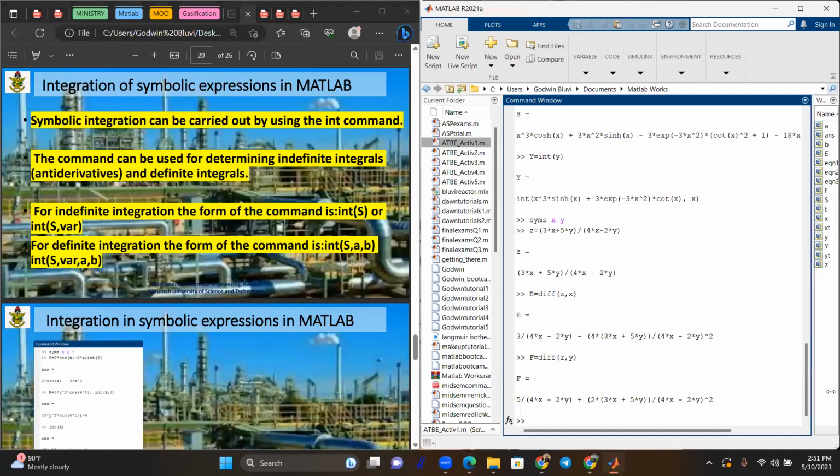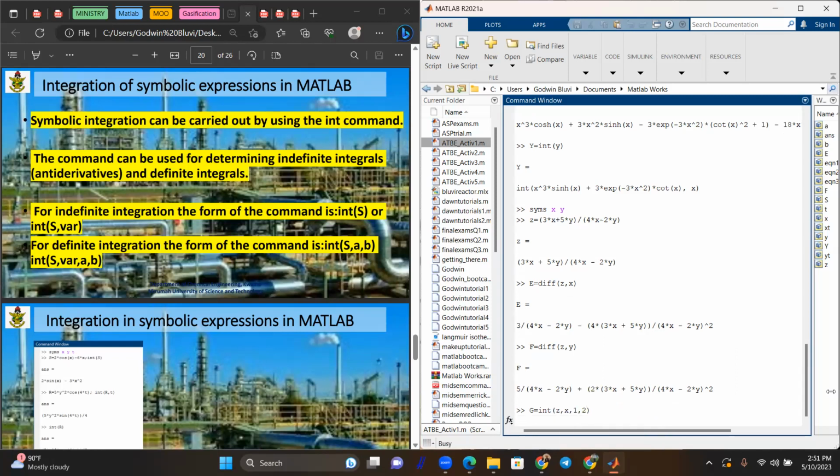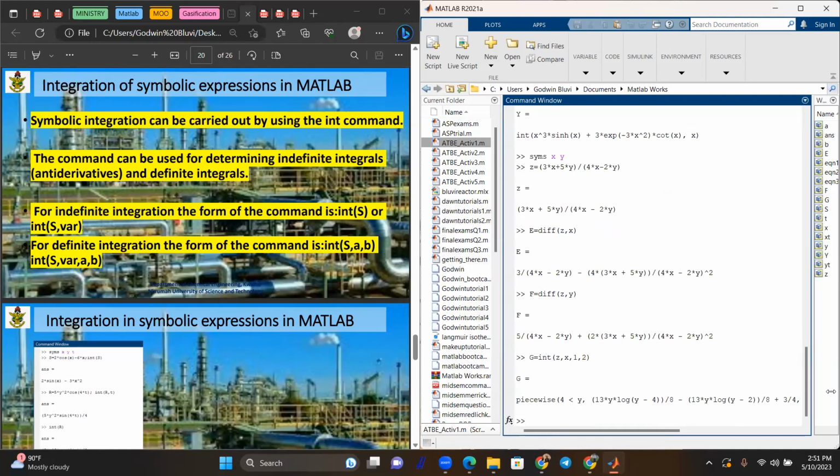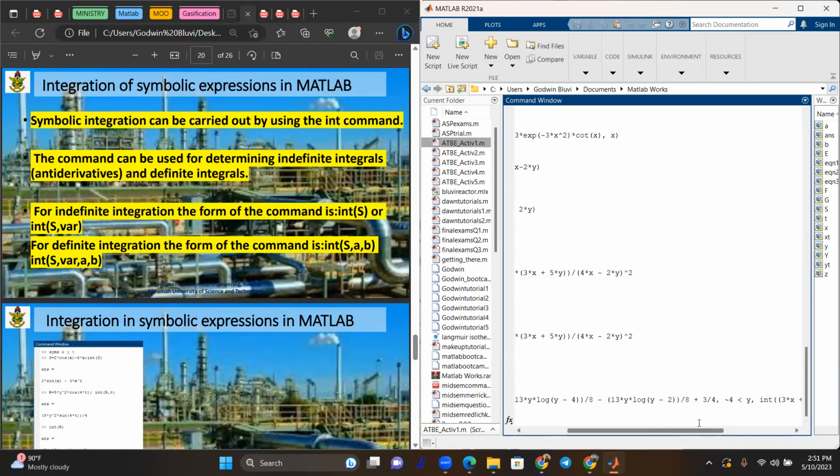So let's say we want to integrate. Let's say, the first one, integrate, open brackets, z, x, comma, lower limit 1, upper limit 2, close bracket, enter. So you see the answer. Piecewise function.